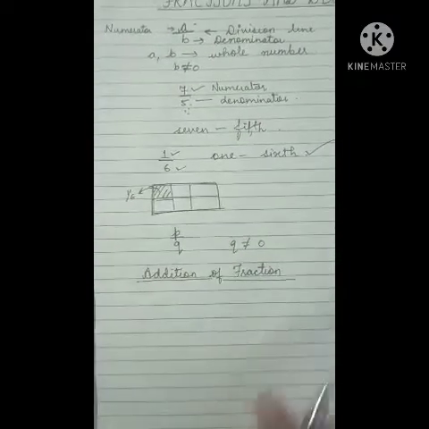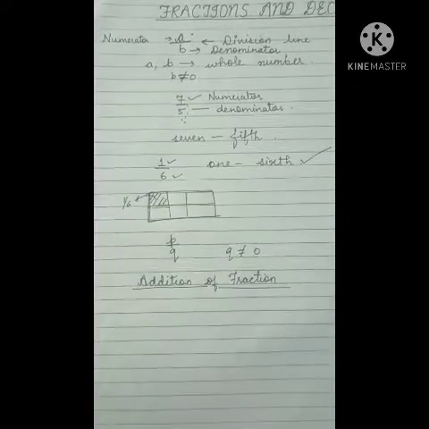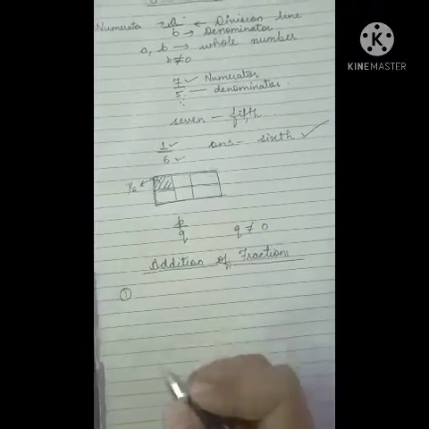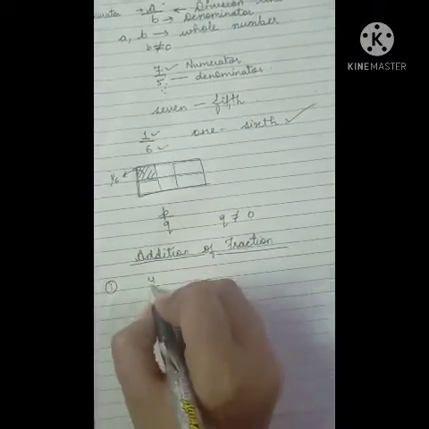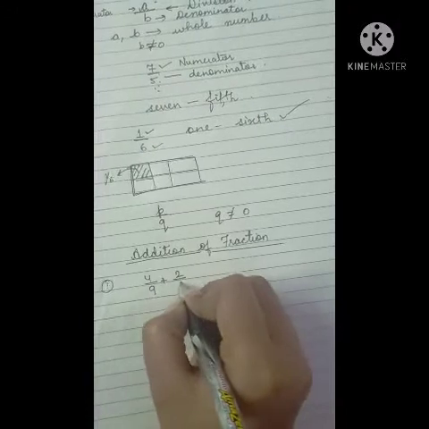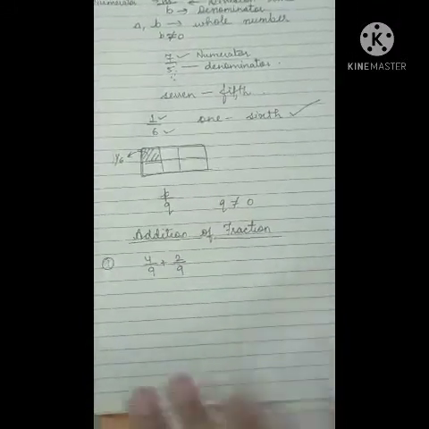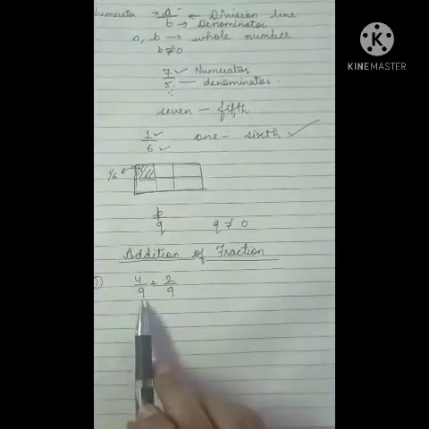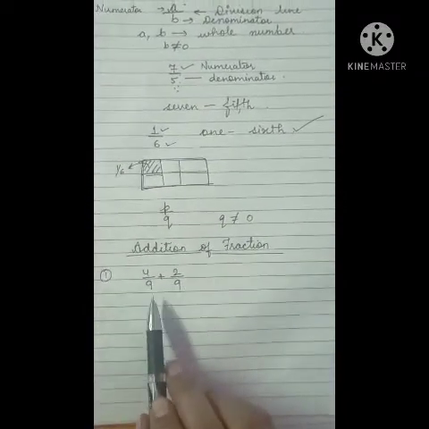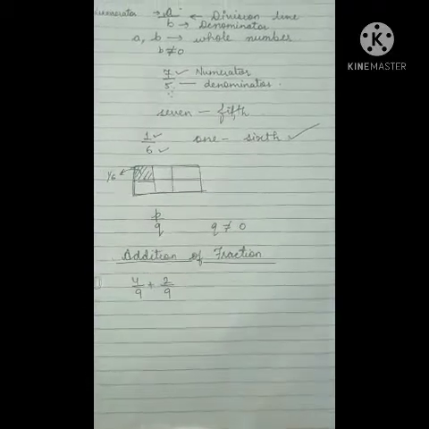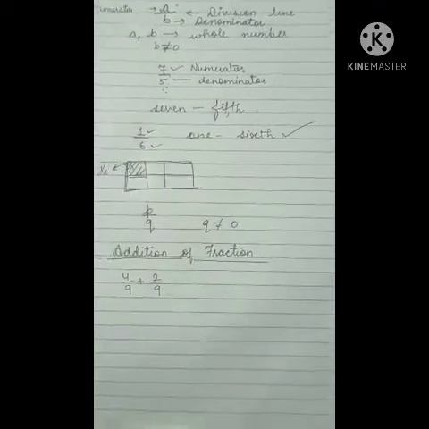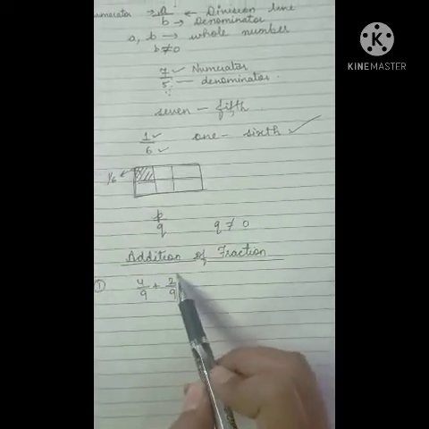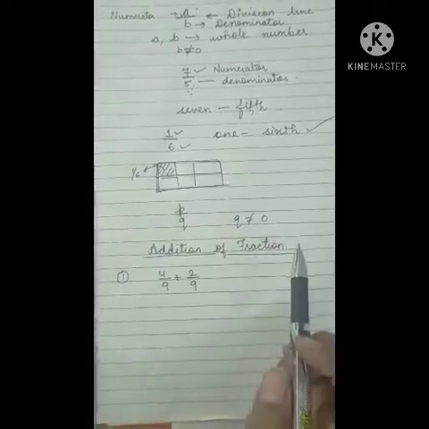Now addition of fractions. How do we add two fractions? Let's take the first example. Suppose we have two fractions like 4 by 9 plus 2 by 9. You can see that the denominators are the same, right? When we have like denominators, we simply add the numerators and the denominator remains the same.